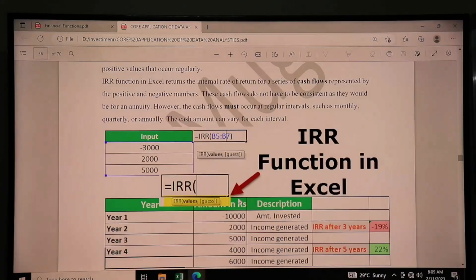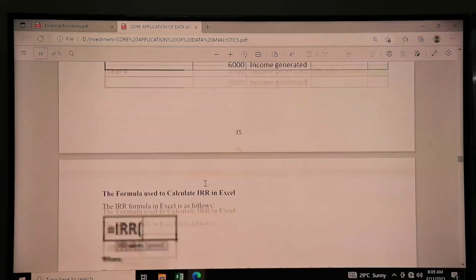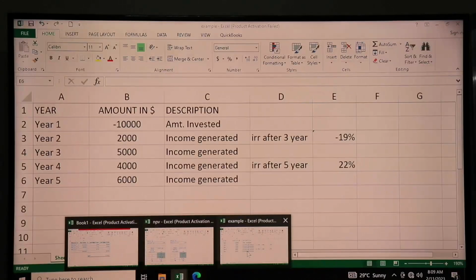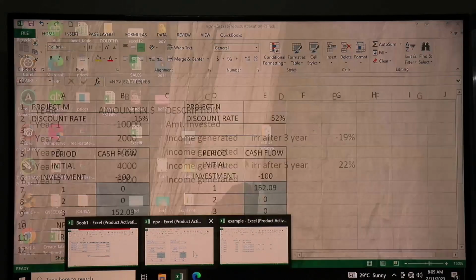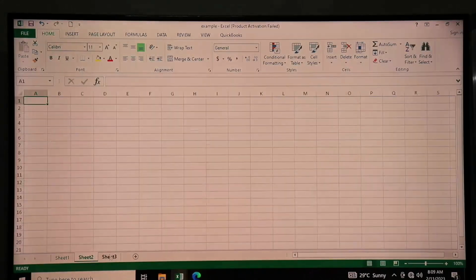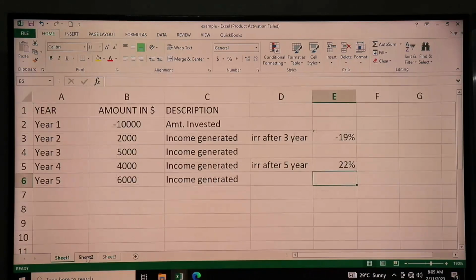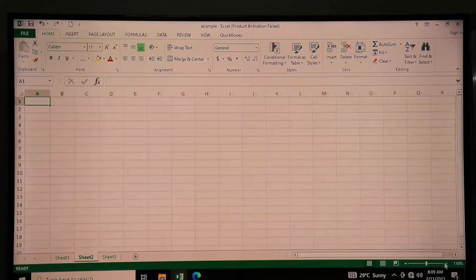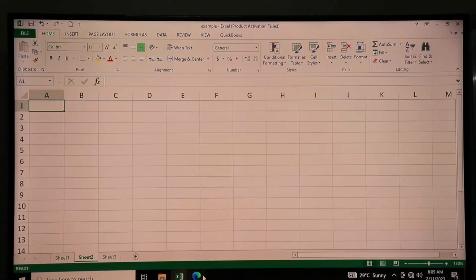Then the last thing that you're going to check here is that the internal rate of return, being an Excel function, will only give you a value if you are given a combination of positive and negative numbers.